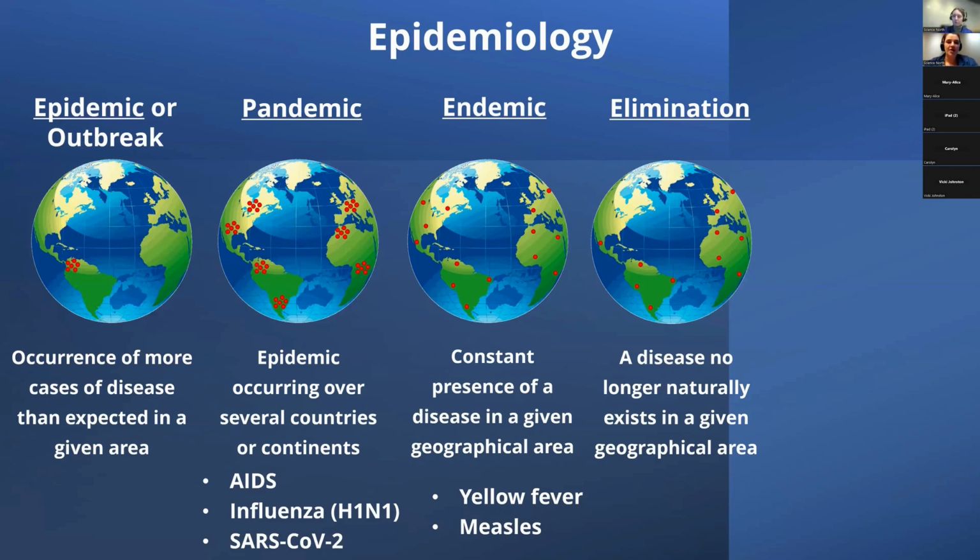And so essentially what happens is when enough people have become immunized to a specific disease in a specific area, different diseases have different infectious rates, which means different amounts of people have to be immune to it. But essentially, when people in a specific area have become immune to a specific disease enough that it can't spread naturally, that's when they get the title of being eliminated.